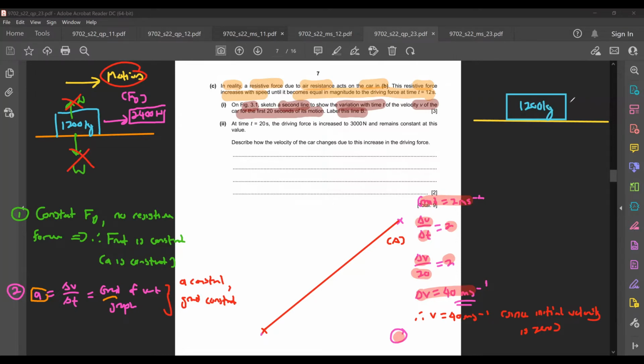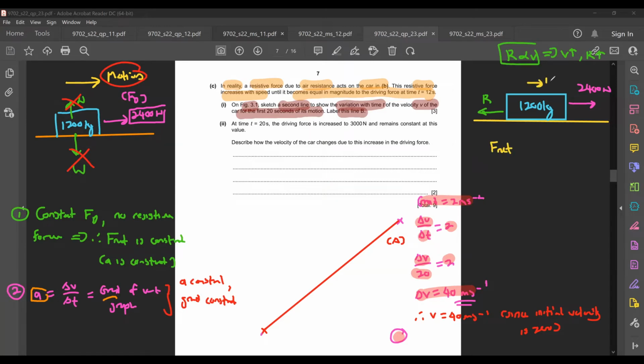You again still have your driving force of 2400 Newton, but now you have a resistive force. Let's call this R. So this R is proportional to speed, meaning to say if your V increases, your R increases.